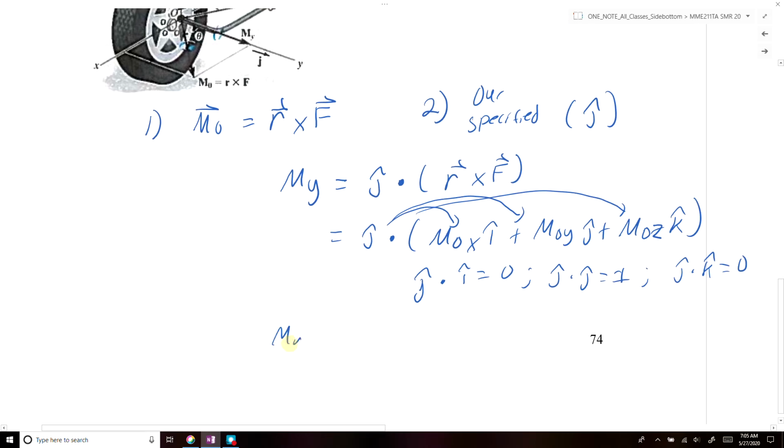So we end up getting M y equal to just M o y, which makes sense.